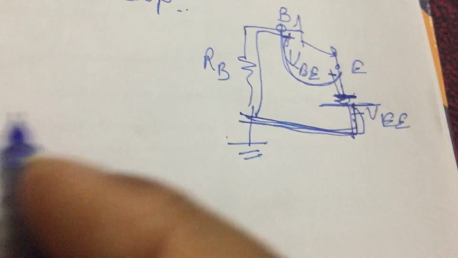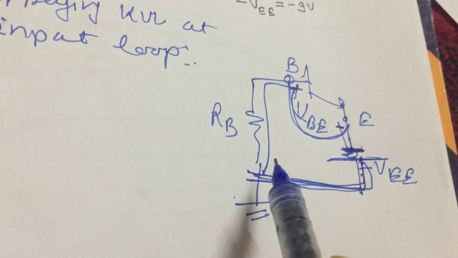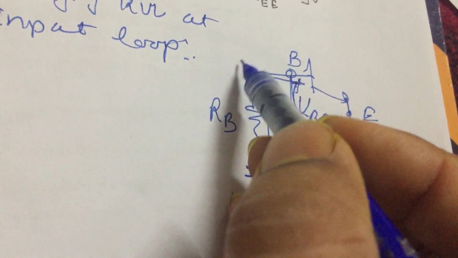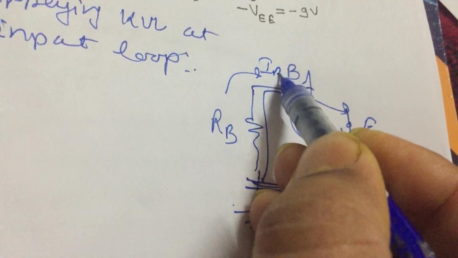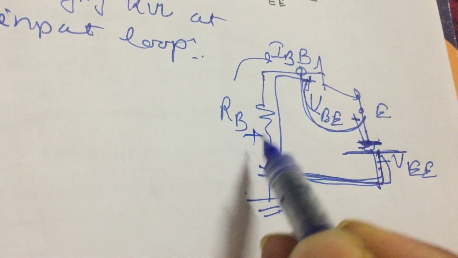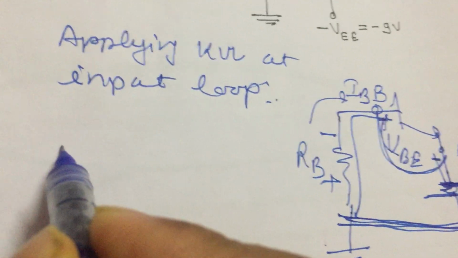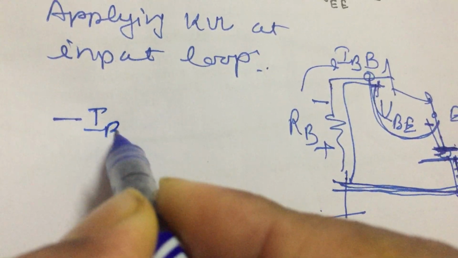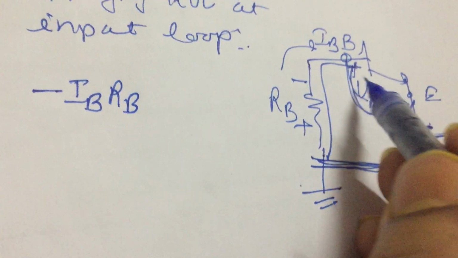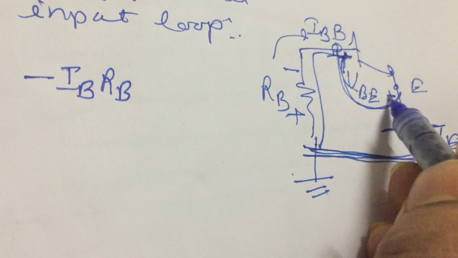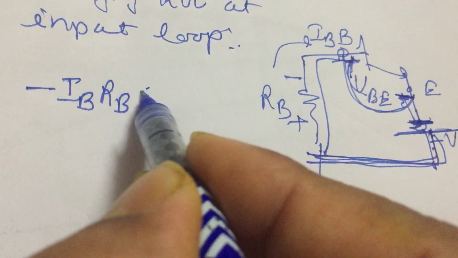So then apply KVL. The current is IB here. So this is plus, this is minus, because the direction of current is like this. So we write minus IB RB. Again this plus, this minus, so minus VBE.